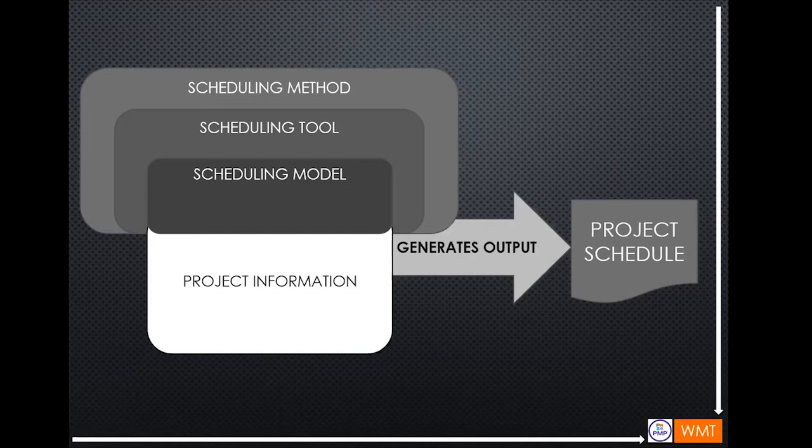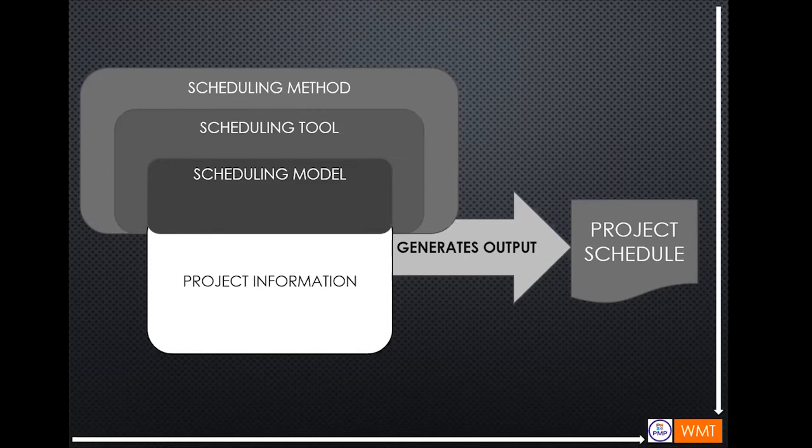In order to make the project schedule, you must know the scheduling method, for example, the critical path method or agile approach. And then you must also know the project information, like the WBS, activities, resources, durations, dependencies, constraints, calendars, milestones, logs, and etc. So you have to input this project information to the scheduling model.